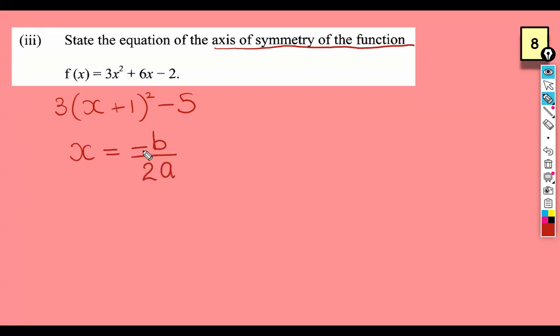But whenever you use this formula, you will always get the opposite of h, the opposite of the number in the brackets. But when you're stating the axis of symmetry, you have to physically write x, equal sign. And of course, the opposite of positive one is -1.